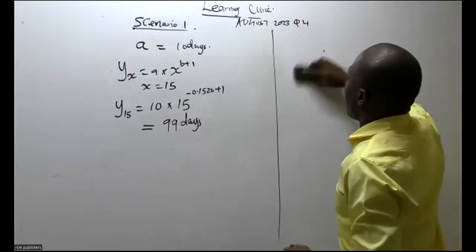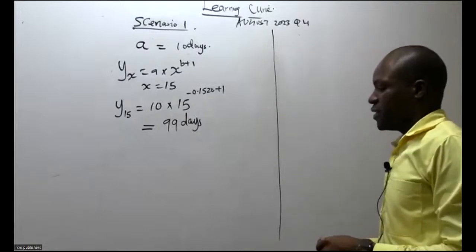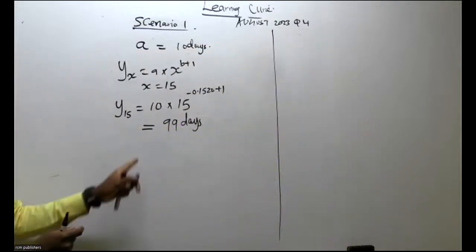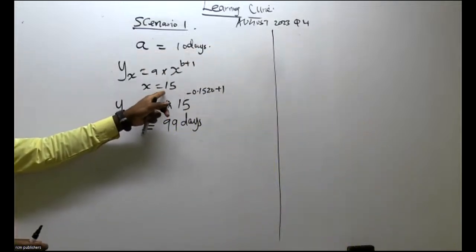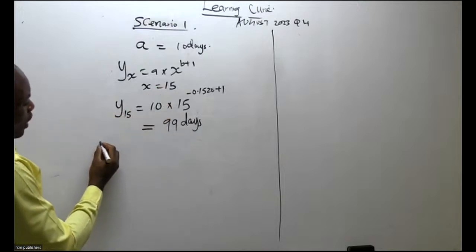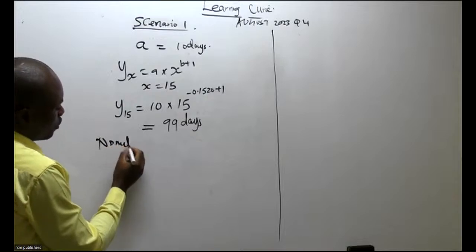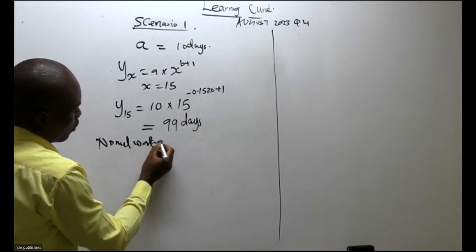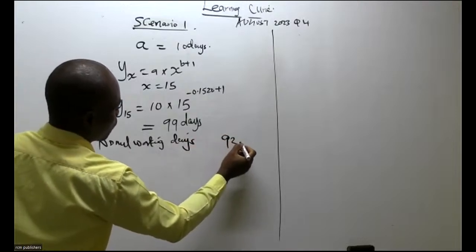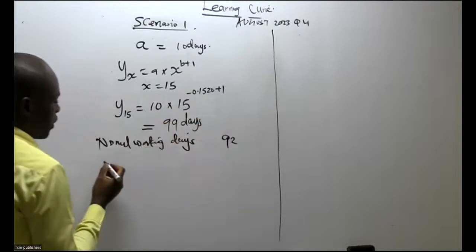Good. I want us to identify some interesting things here. This is the total time they are going to take to produce how many buses? 15. To assemble 15 buses. Now, the normal working days, as per that question, we are told is 92 days.